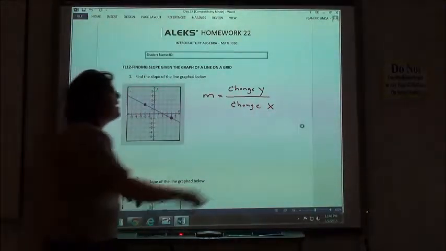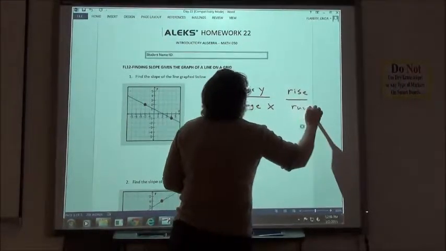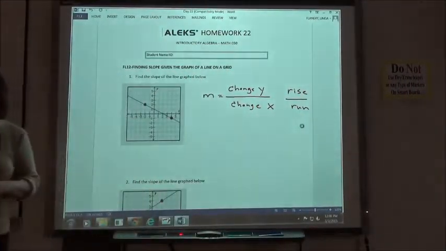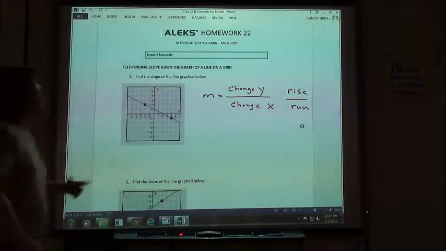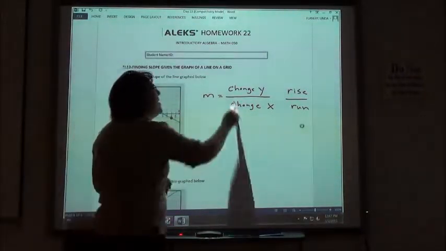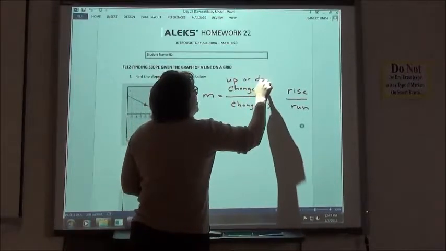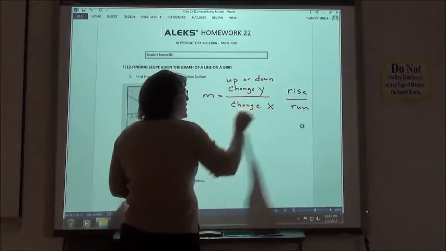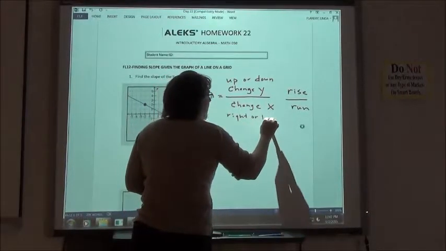Some books will say rise over run. I don't necessarily like the term rise, because to me rise means you always go up, and you don't always go up. If it goes down, it's negative. So the change in y is either up or down. The change in x is either right or left.